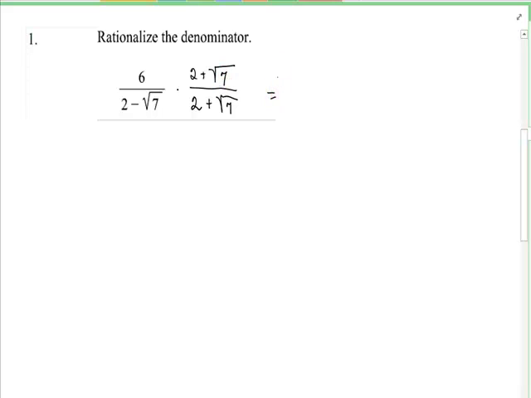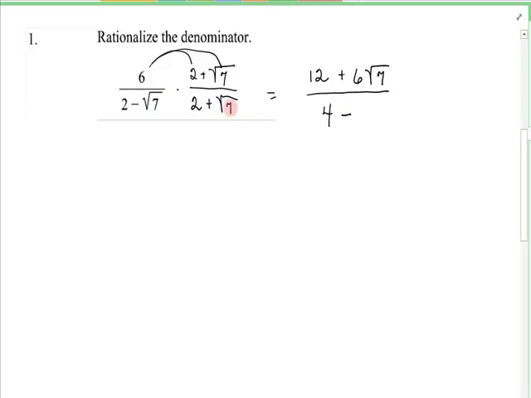What do I get? In the numerator, I'm going to use the distributive property. 6 times 2 is 12. 6 times the square root of 7 is 6 times the square root of 7. The denominator. These are conjugates. The product of the first, these are not radicals. That's just 2 times 2, which is 4. Outer, inner, we get to skip. Product of the last. It's going to be minus negative square root of 7, positive square root of 7.